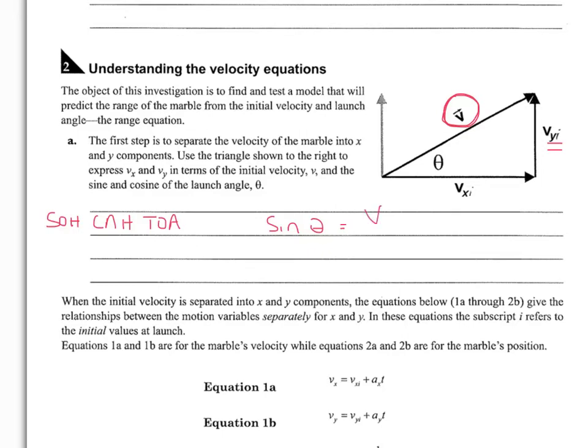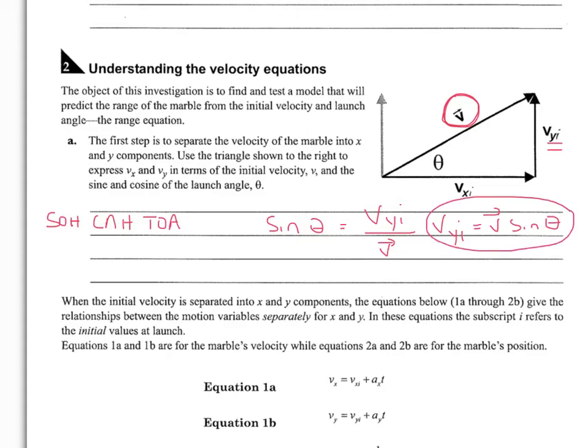So sine theta equals Vyi divided by V arrow. The initial vertical velocity is something we want to know, and that is equal to V arrow sine theta. All I did was rearrange the equation, but we're going to use this one in just a few minutes.